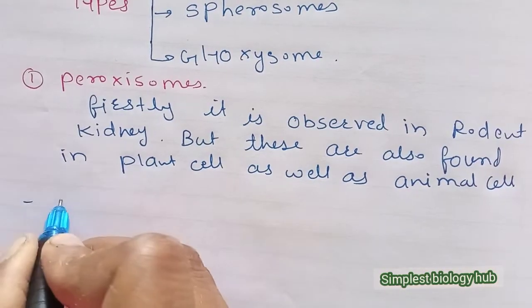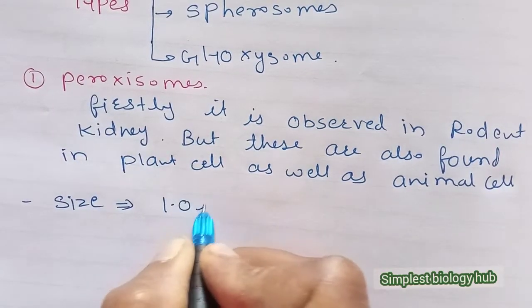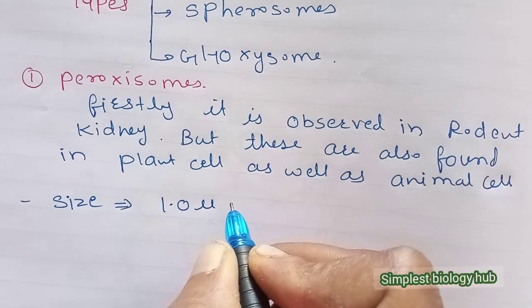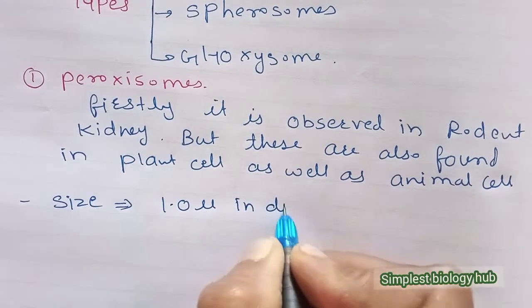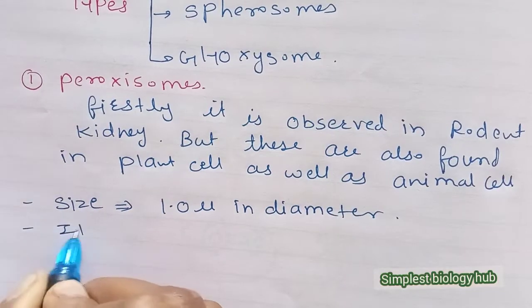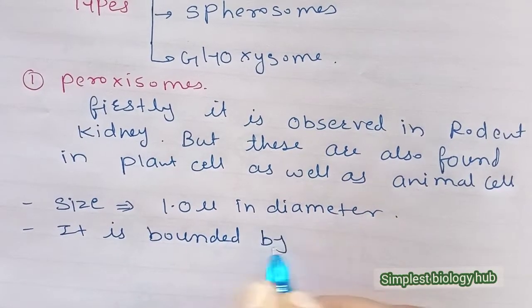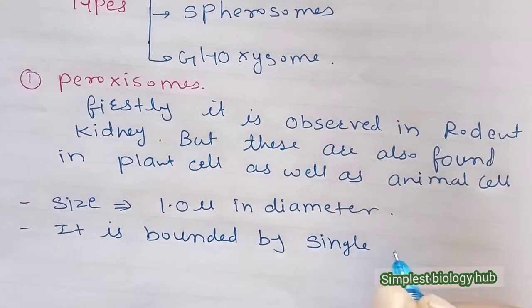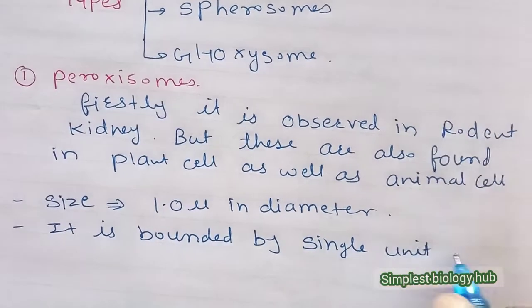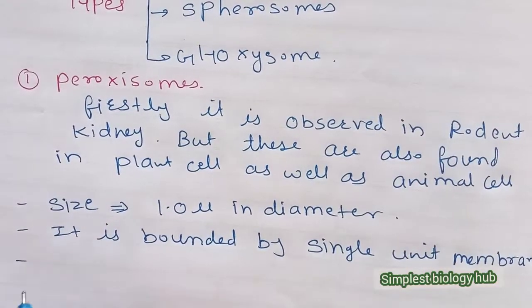The size of the peroxisomes is about 1.0 mu in diameter, and it is bounded by a single unit membrane. Some special enzymes are present in peroxisomes.